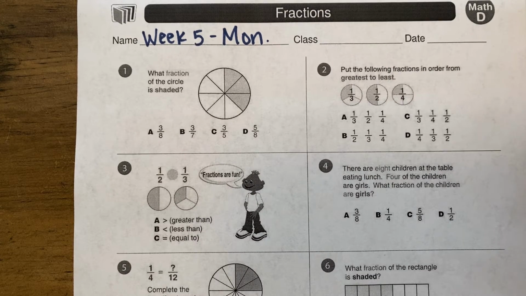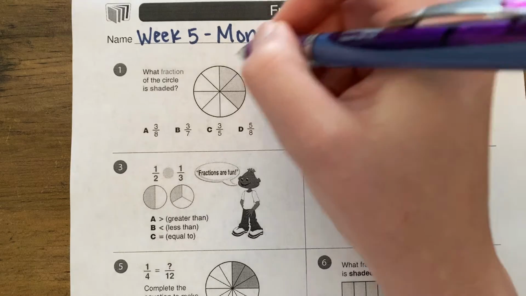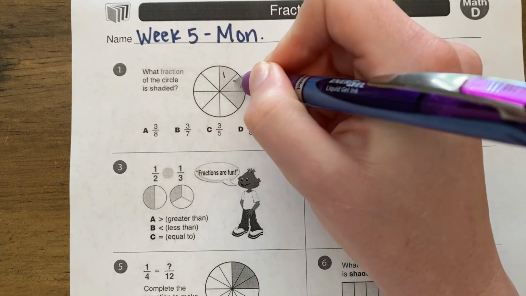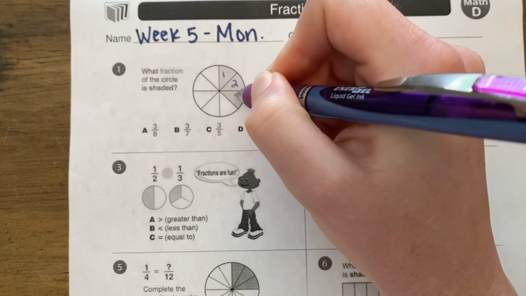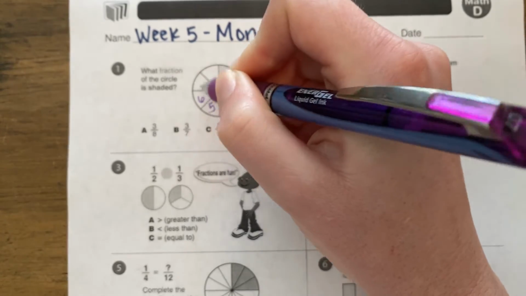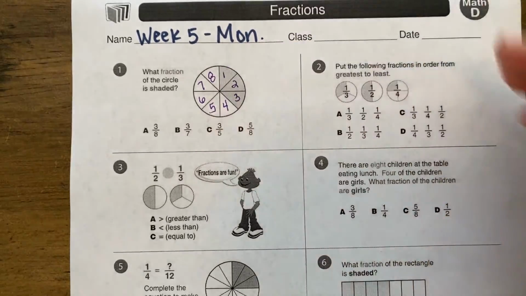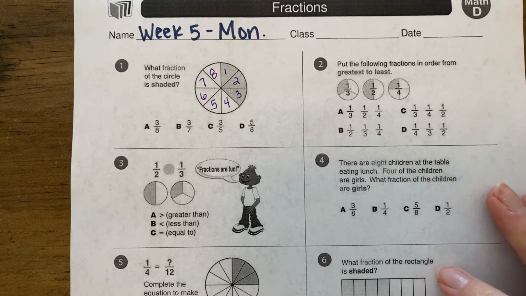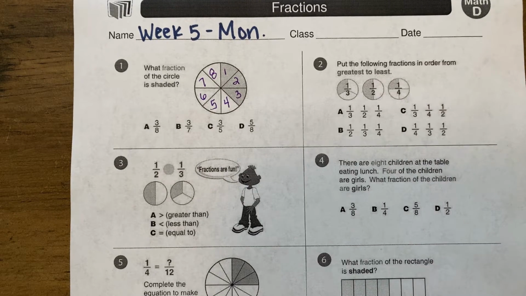I'm going to start at the top, and I'm going to write down and number the pieces. So 1, 2, and I'm going around like a clock. Okay, so there are 8 pieces. So that is the total, which means our bottom number has to be 8.